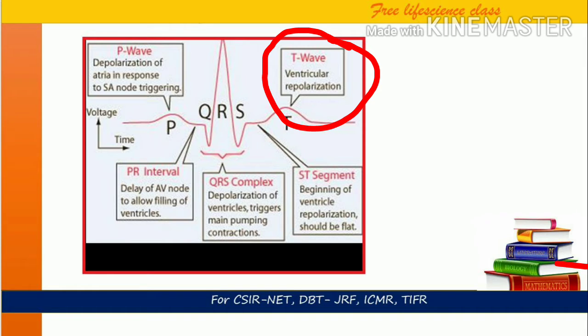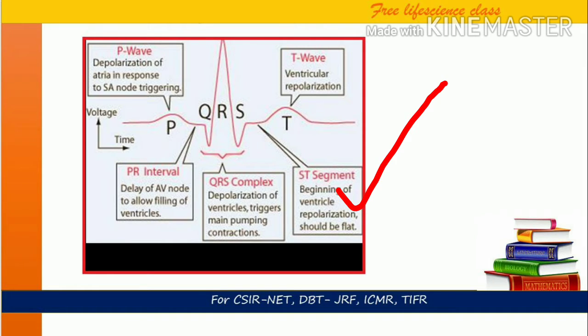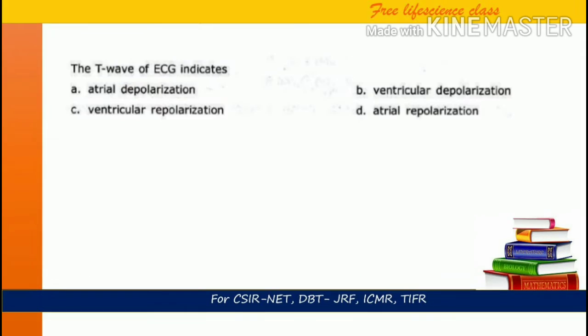Here one ST segment is there and PR interval is there. This PR interval is the delay of the AV node to allow filling of ventricles. This ST segment is the beginning of the ventricle repolarization and should be flat. Okay. So the answer for this question is option C, that is ventricular repolarization.